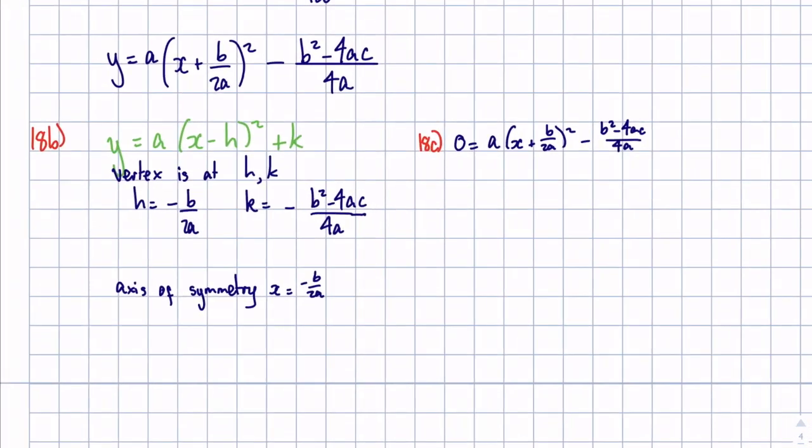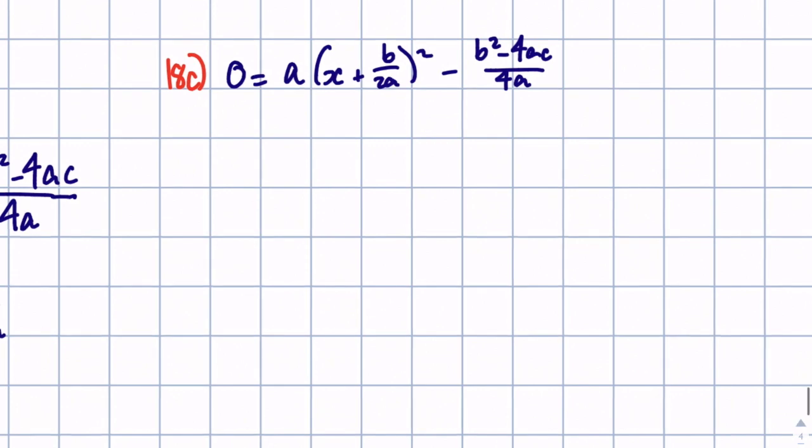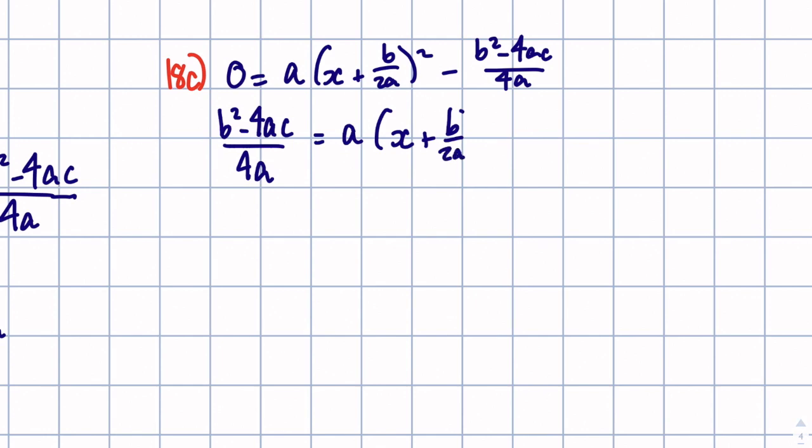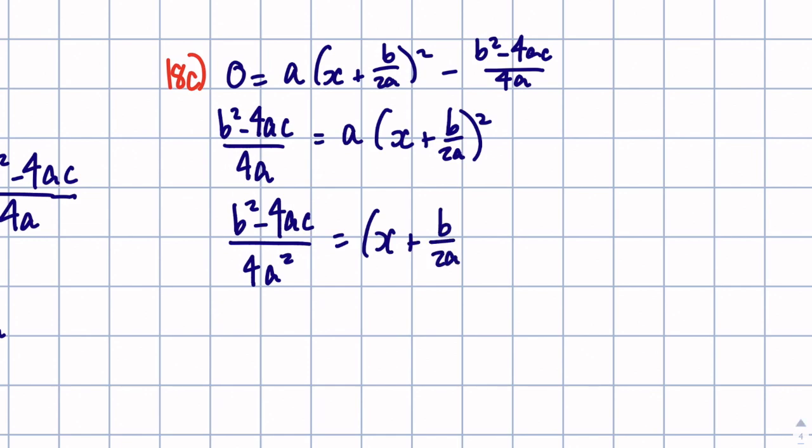There's two ways we could solve this, an easy way and a hard way. I'm going to go the easy way. I'm going to add b squared take 4ac all over 4a to both sides. So I've got b squared take 4ac all over 4a equals a outside of x plus b on 2a squared. Divide both sides by a: b squared take 4ac all over 4a squared equals x plus b on 2a. Square root both sides.